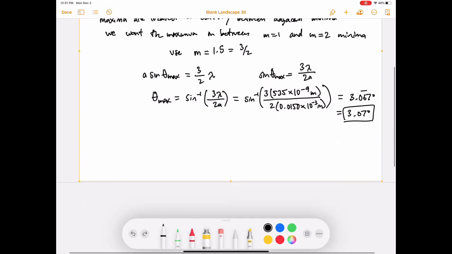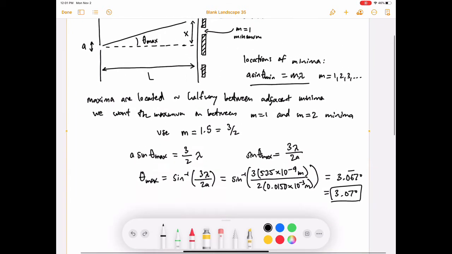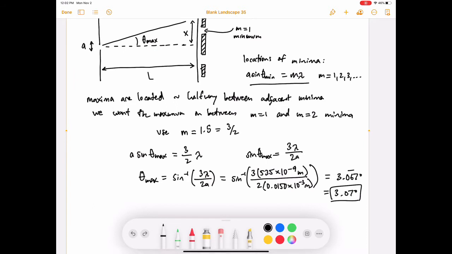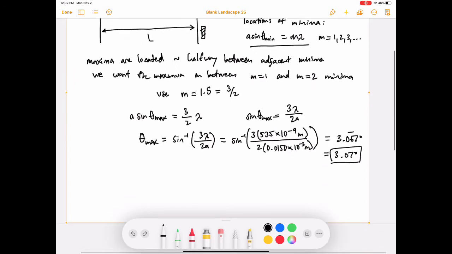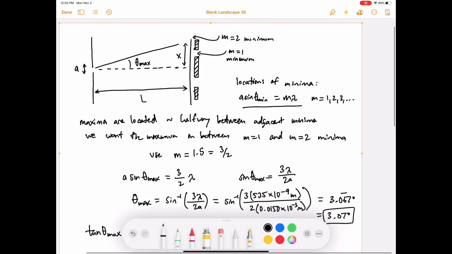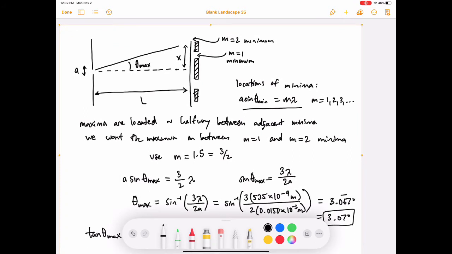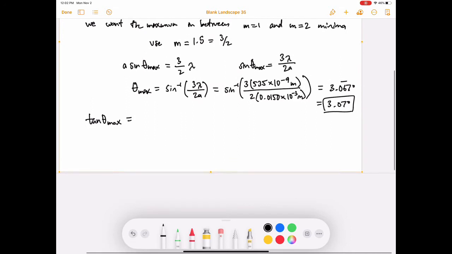Okay, next, let's figure out the distance x. Well, we have a right triangle where if we apply the tangent function, tangent theta max is equal to the opposite side, which is x, over the adjacent side, which is L. So that would be x over L. We want x, that's L tangent theta max.